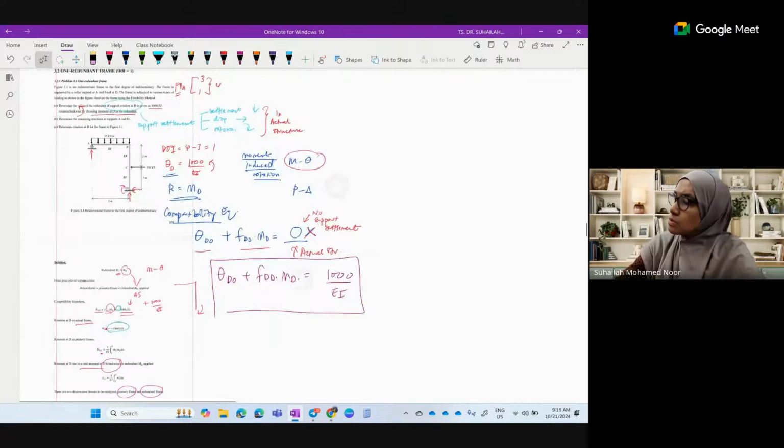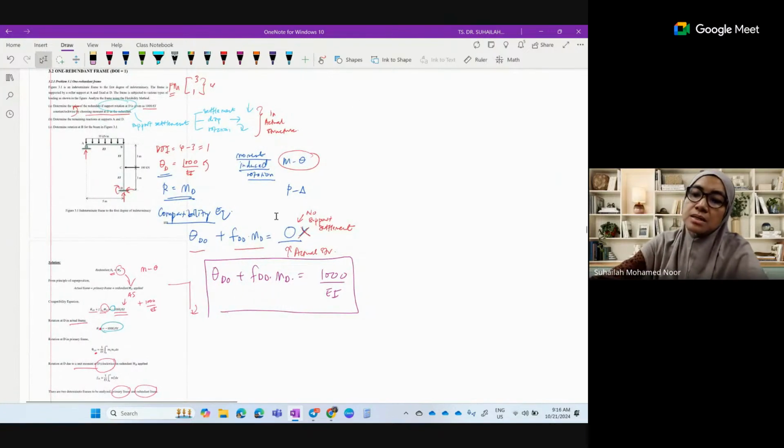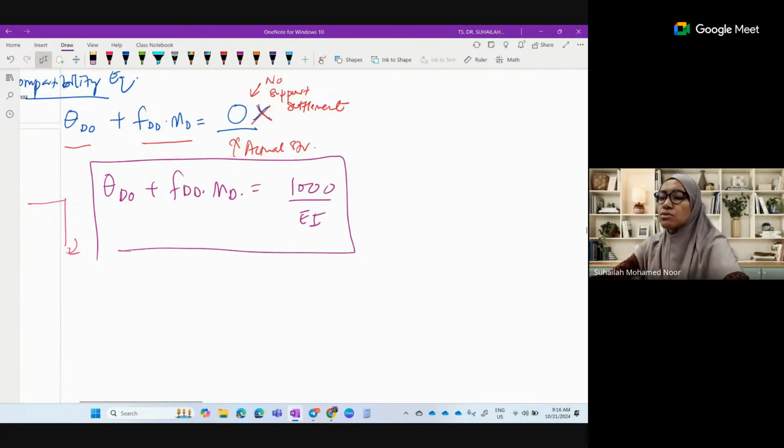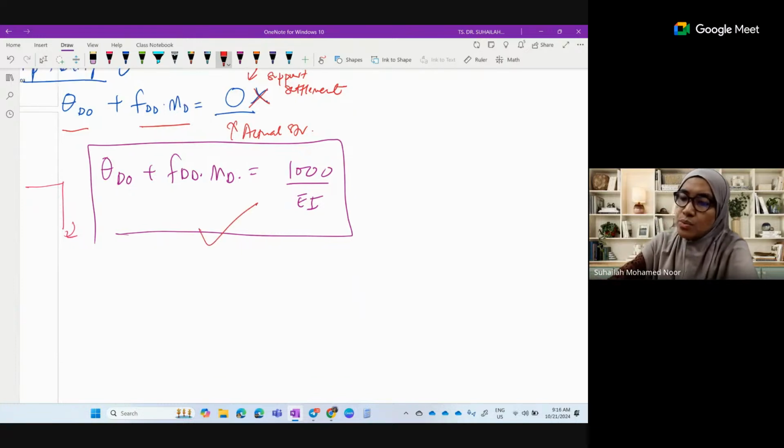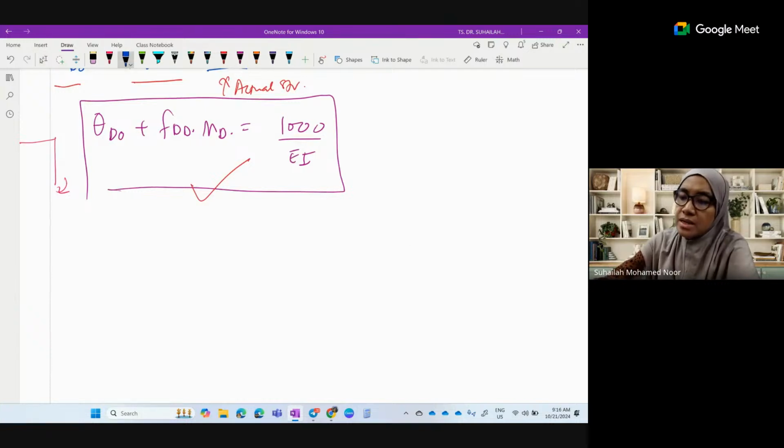Okay, I haven't moved it yet. Later I will move it to the previous group. Okay, note it first. So we have the compatibility equation. We use this one. So from this we have theta D naught and FDD. What is this theta D naught?